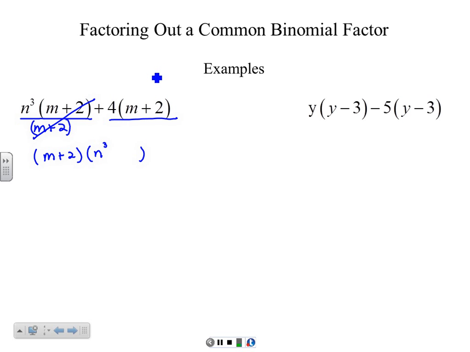If I divide this term by m plus 2, that's going to go to 1, leaving me with a plus 4. And that's how you factor out a common binomial factor. And like I said, we are going to use this in the next technique, so make sure you understand what's going on. So over here to the right, we're going to factor out a y minus 3. And when we do that, we're going to have y minus 5 left over.